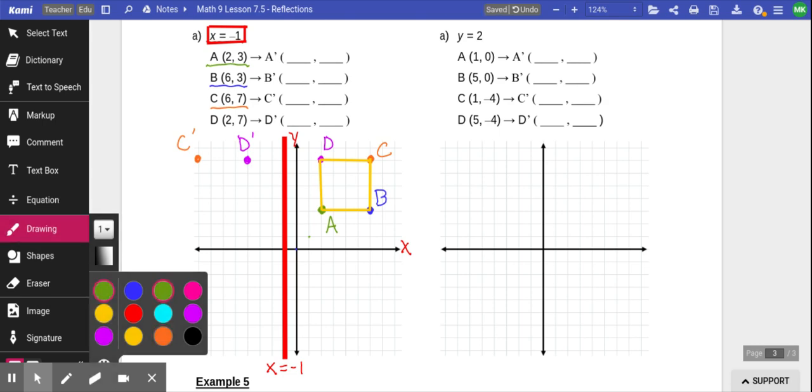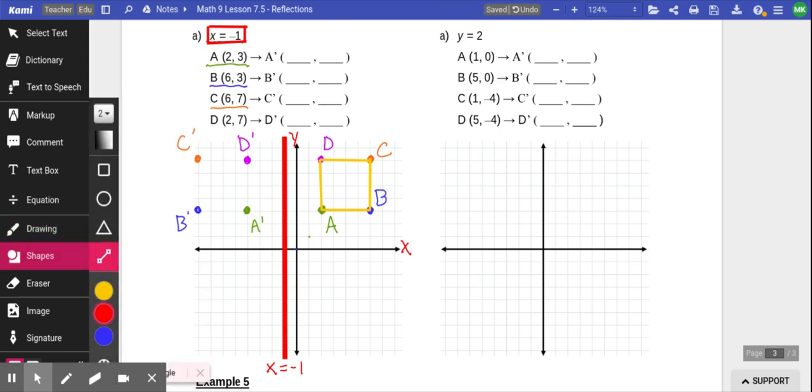That means A prime should be 1, 2, 3 away. A prime should be right there. And B is 7 away, so it should also be 7 away. B prime should be down here now. And if I want to create my box again, I'm just going to connect my dots.